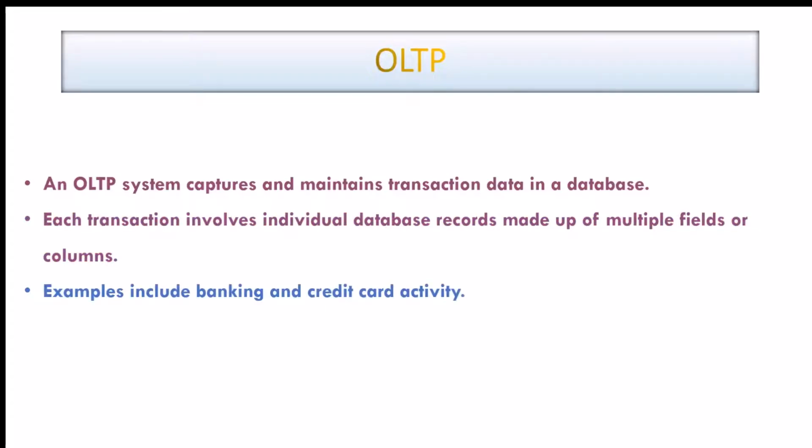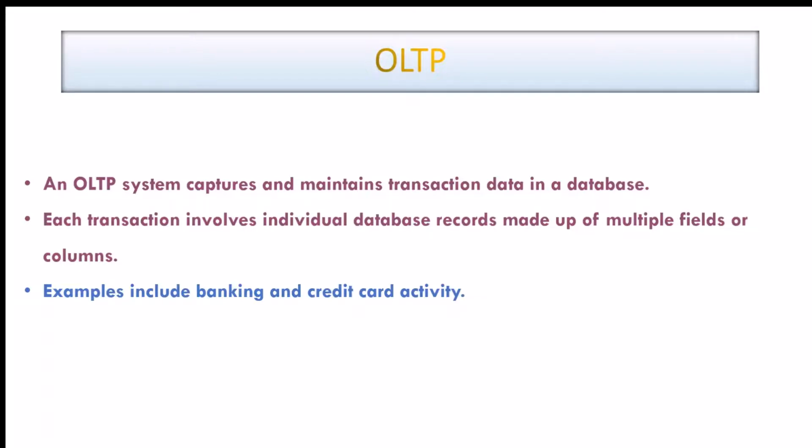Examples include banking and credit card activity. We have already discussed banking, how they are creating accounts, maintaining accounts, doing the transactions among accounts. There is some other processing online for industrial banking, retail banking, everything.